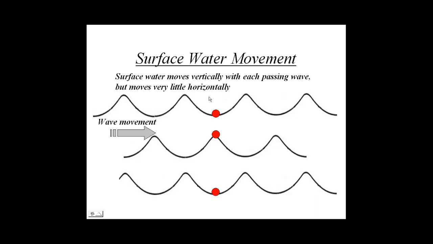As this wave crest moves to the right, it picks the ball up, but the ball does not flow to the right. The ball basically stays in the same location. It moves a little bit to the right and left, but not much. And when the wave passes, the ball is back down here. So the water basically rises and falls with the passage of the wave, but it does not move significantly in the horizontal direction.